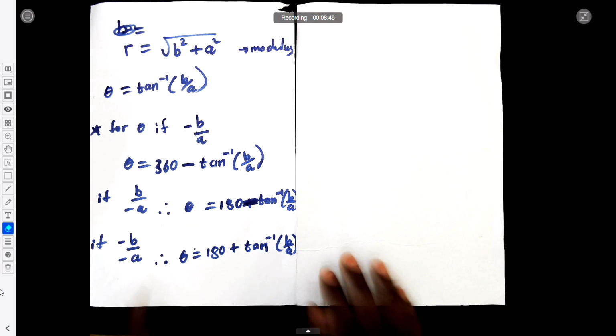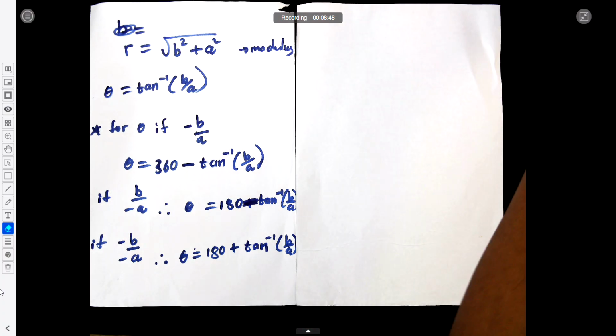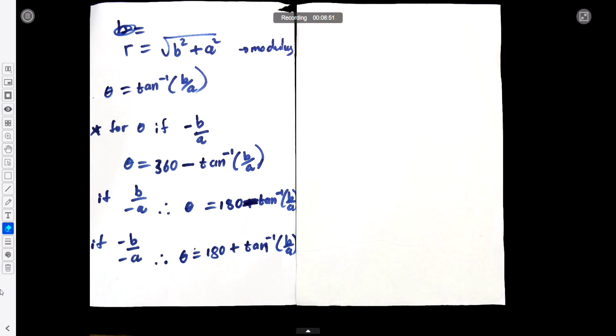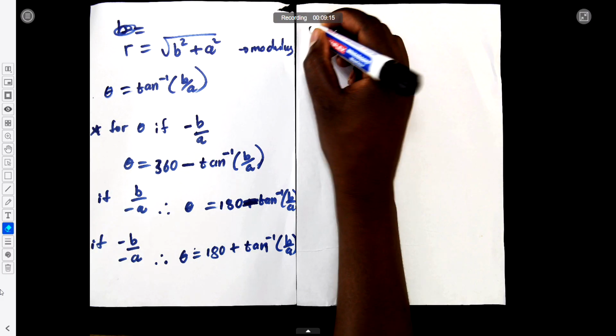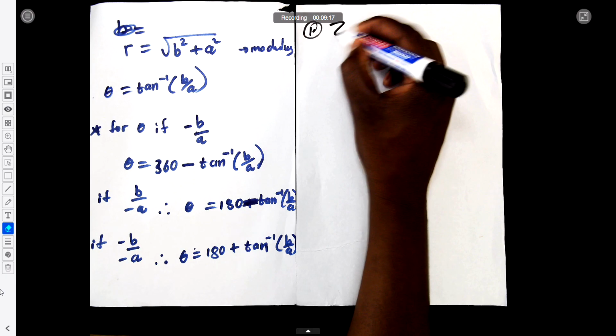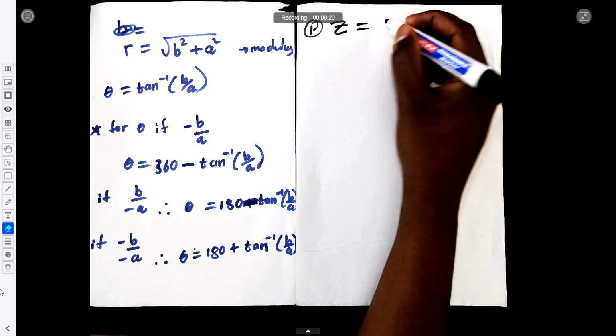If we want to plot on an Argand diagram and solve a complex number, okay, I'm getting one example here. Let's say number one: I have a complex number z in rectangular form.